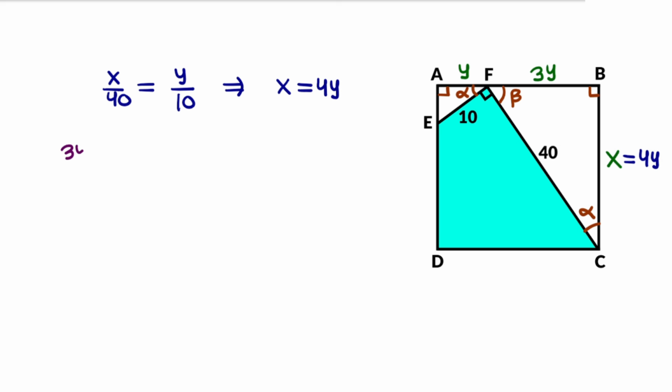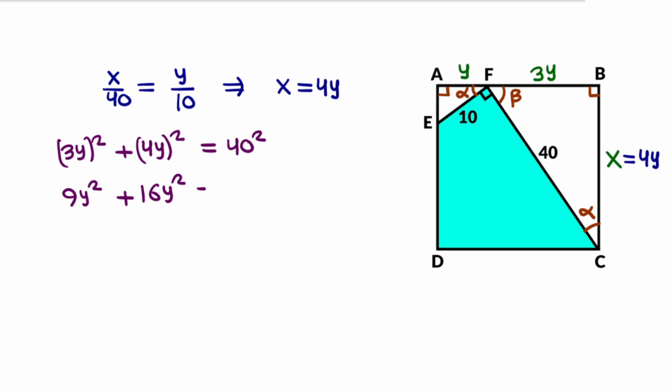So (3y)² plus (4y)² equals 40². That becomes 9y² plus 16y² equals 1600. Combine them, 25y² equals 1600.